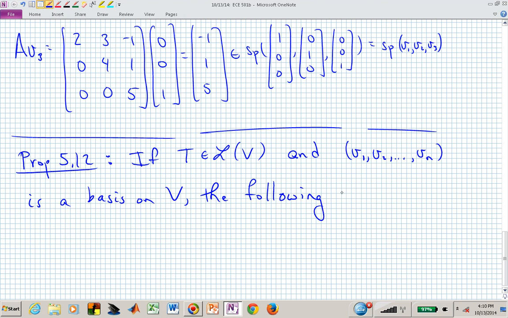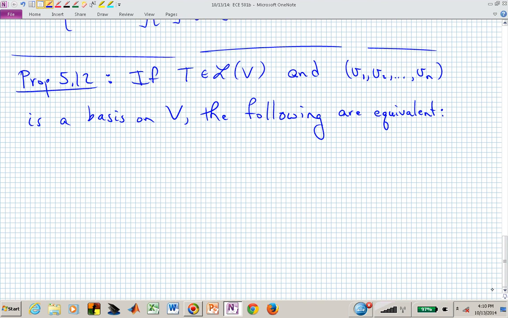The following are equivalent. We now have a linear operator and we have a basis on our vector space. If any one of these three is true, then the other two statements are true, is really what we're saying.